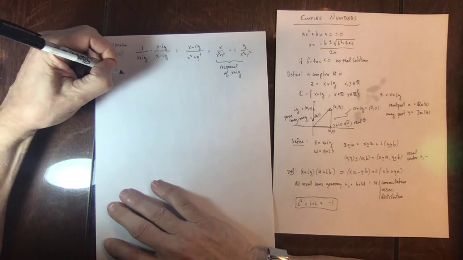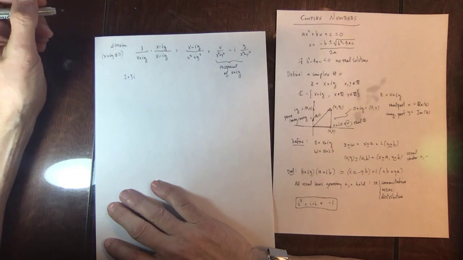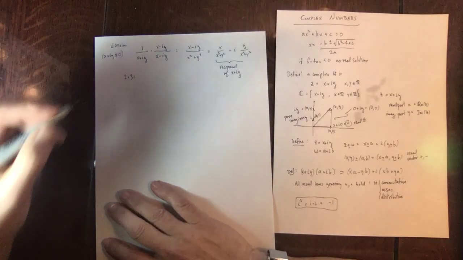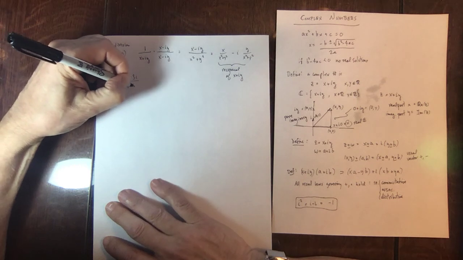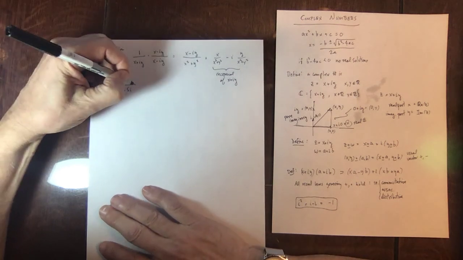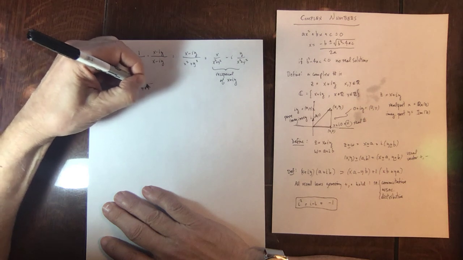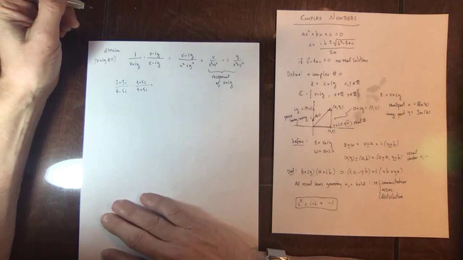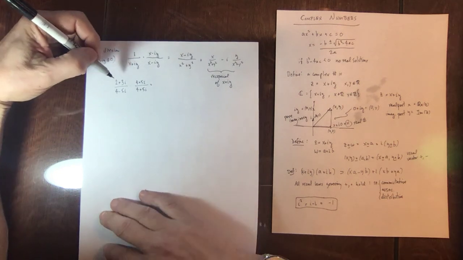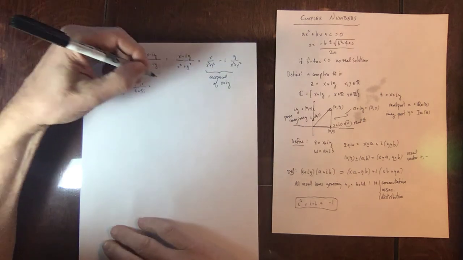So if you want to divide 2 plus 3i by 4 minus 5i, then that's the same as I'll just multiply by 4 plus 5i, top and bottom. So the top becomes, well, I just take all the terms. So I have an 8, and then this is a minus 15.